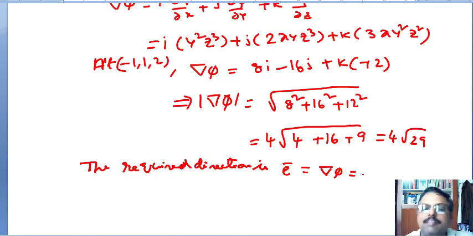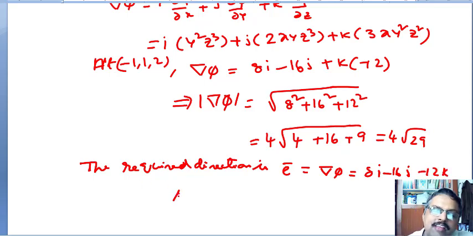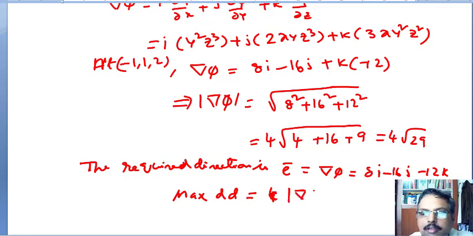In this direction, the given function has maximum directional derivative, that is 8i minus 16j minus 12k. Now, what is the magnitude? Maximum directional derivative equals the modulus of del phi. The value is 4 root 29. Very simple.